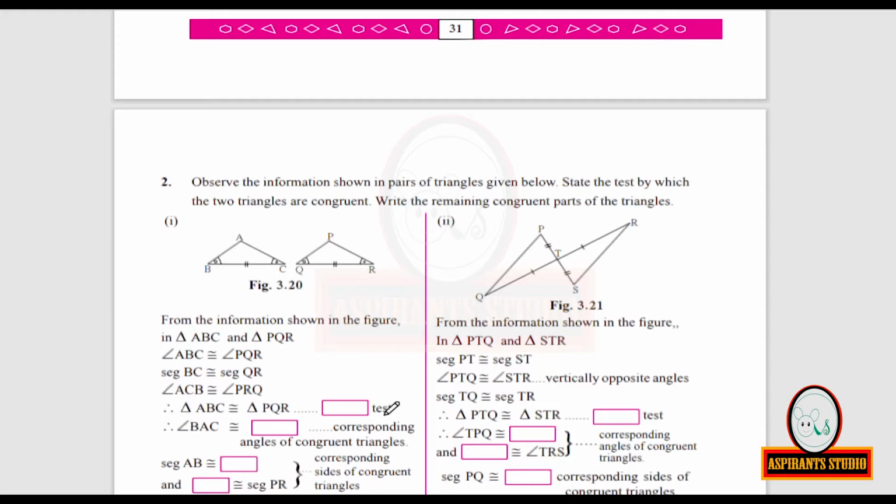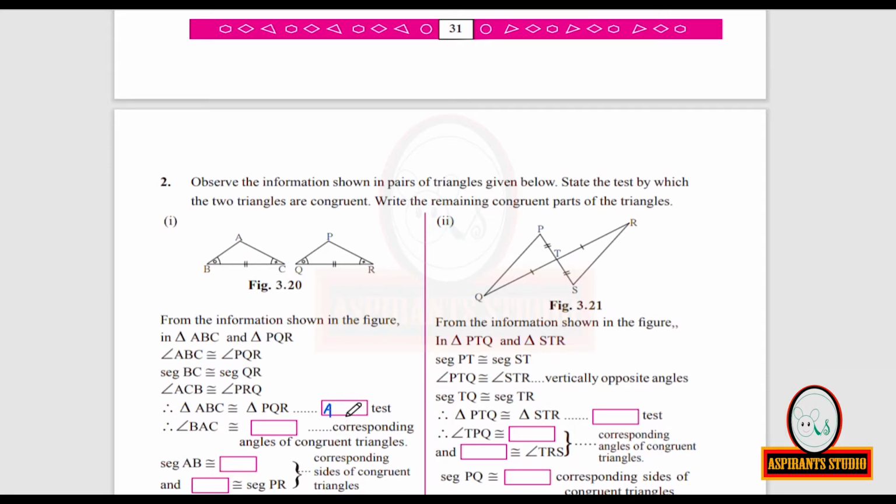So here we will get ASA test because angle ABC is congruent to angle PQR and angle ACB is congruent to angle PRQ, and the included side BC is congruent to the included side QR of the other triangle. Now hence we have triangle ABC is congruent to triangle PQR by ASA test. So here you will write ASA test.